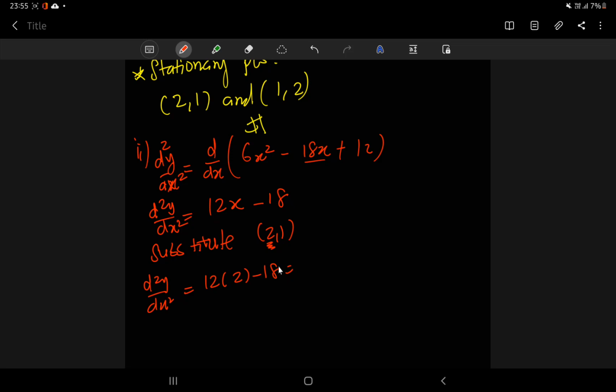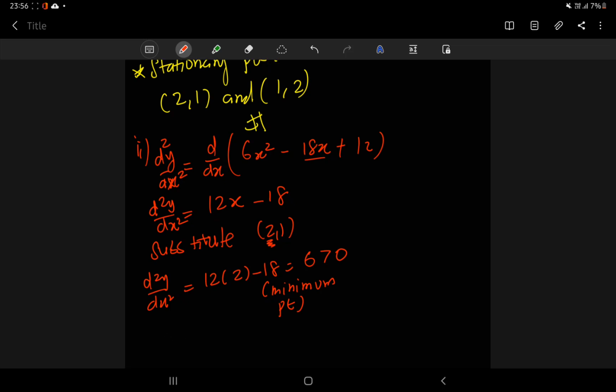So 12 times 2 is 24, minus 18 is 6. So 6 is greater than 0. If the second derivative is greater than 0, then it is a minimum point.